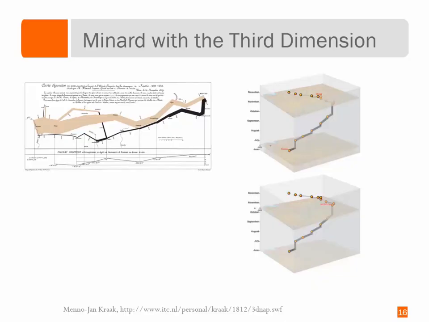Now here's an example of the Minard flow map of Napoleon's march into Moscow and back, but it's represented in 3 dimensions. So this is the Minard map in the 3rd dimension. This was created by Menno Jan Kraak, and you can see the visualization on the right-hand side.